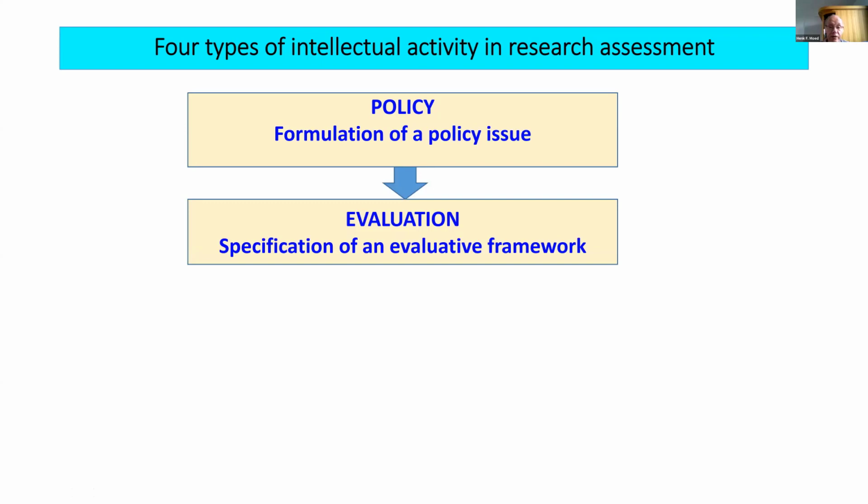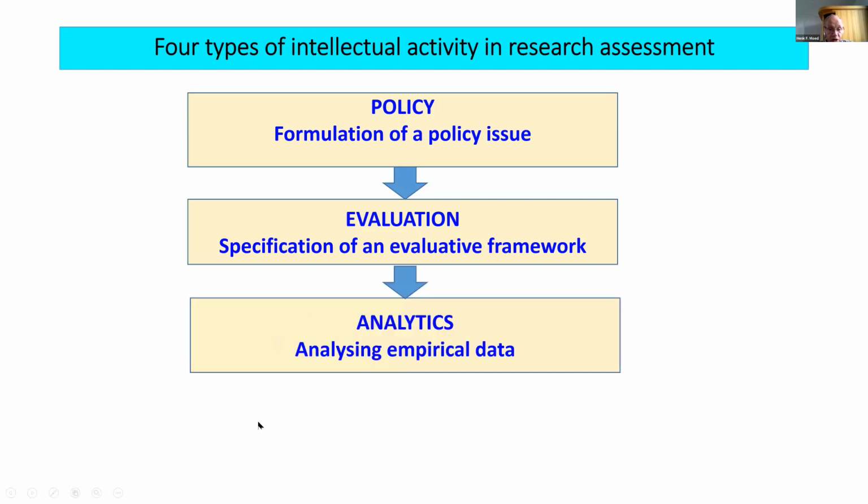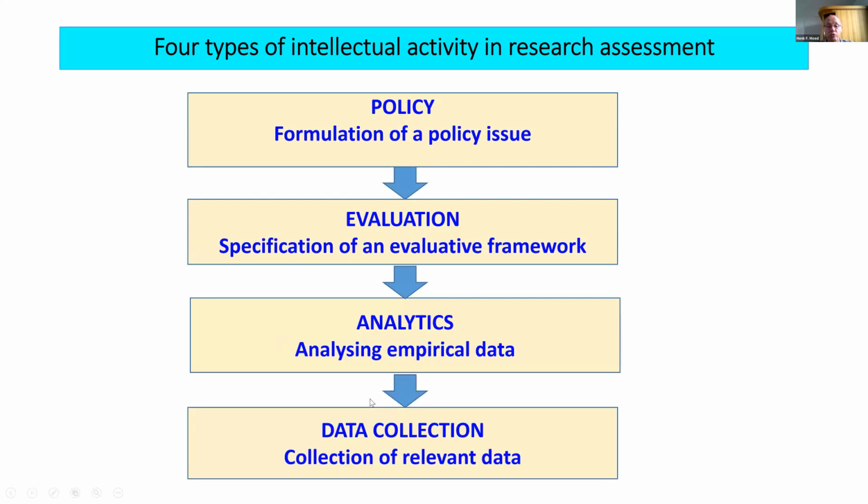Because if you don't have an evaluative framework, if you don't have criteria, you can't evaluate. Then we have the level of analytics. And that is the level at which we analyze empirical data. And last but not least, we have, of course, the domain of the data collection, in which relevant data are being collected.